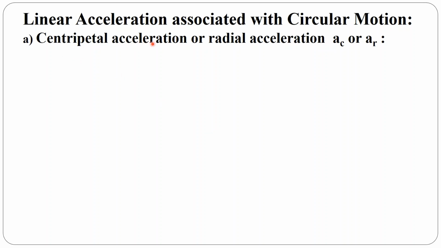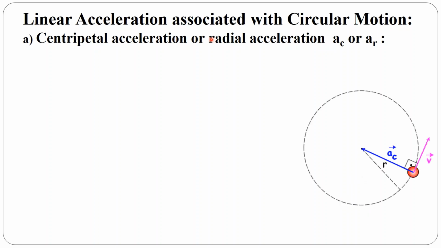Why are we considering centripetal acceleration, or acceleration associated with circular motion? Let's see the figure. Here the blue arrow is the radius vector and the pink arrow is the tangential velocity.